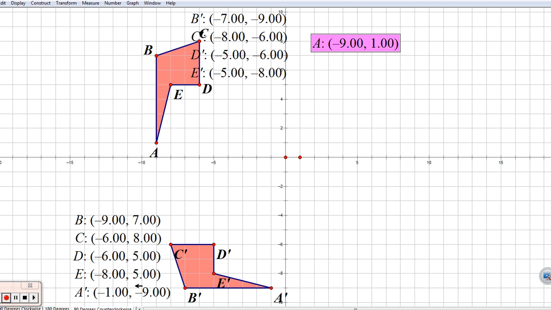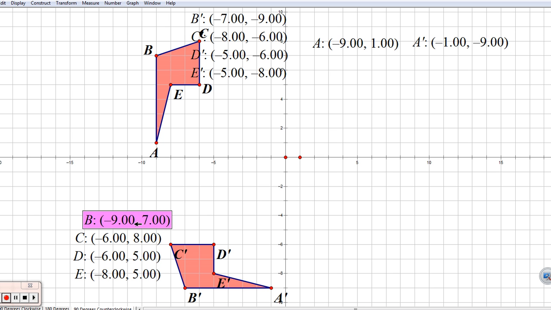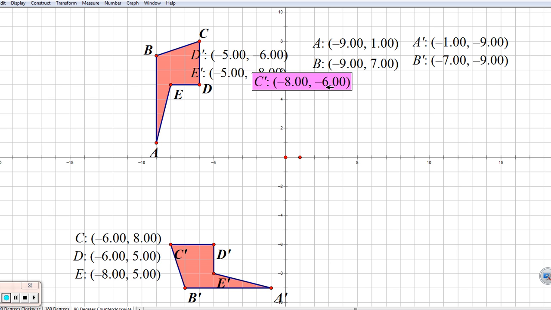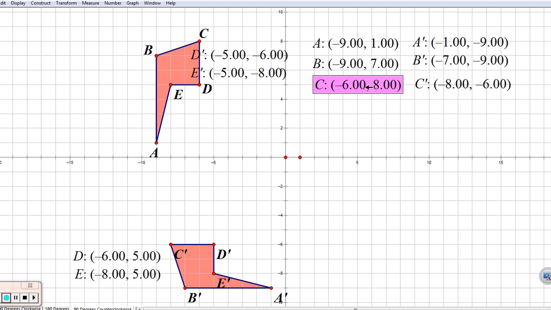Let's move these so that we can see them together. Be watching to see what exactly changed from regular to prime, from pre-image to image.